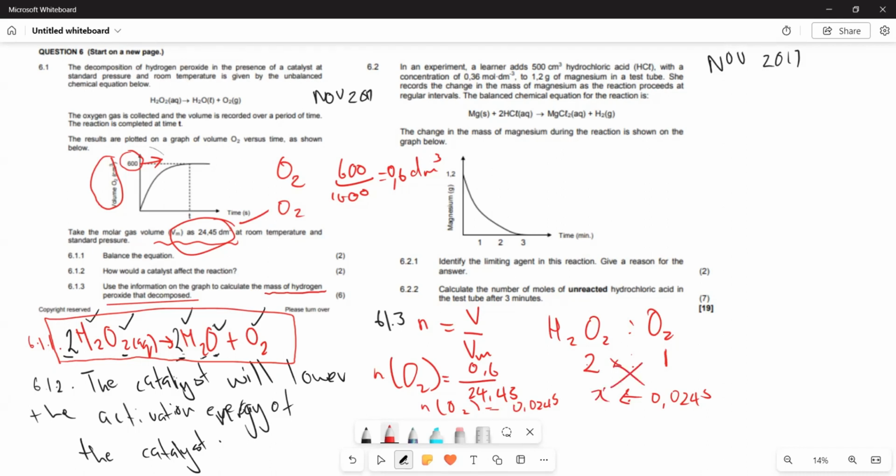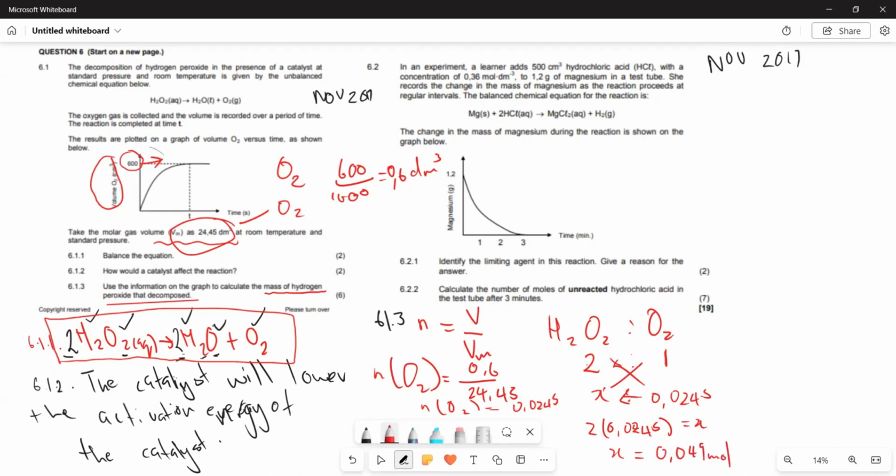So when you cross multiply, you're going to have 2 into 0.0245 equals your x. So as I said, you're still multiplying by 2, just in case you are having difficulties. So your mole of your hydrogen peroxide is going to be given by 0.049, right?